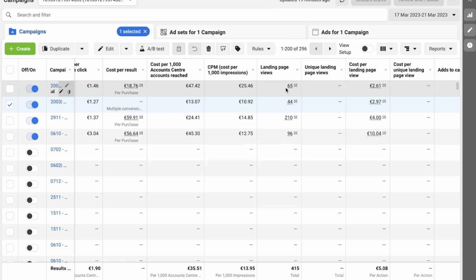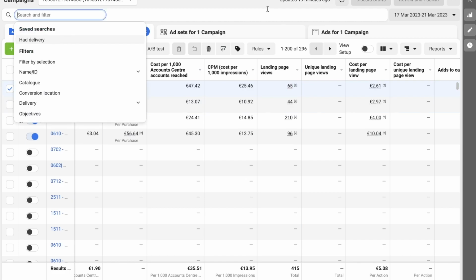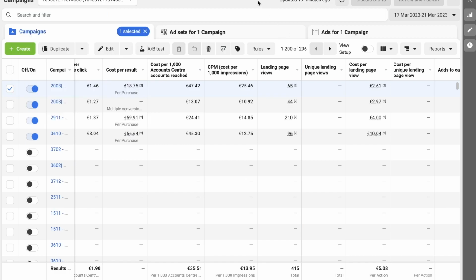The main answer today is this is an iOS 14 tracking problem. You actually have way more landing page views than what's shown here. You most of the time have up to 90%, 95%, 97% of your outbound clicks, they actually arrive on your landing page. A couple of years back, when all these metrics were extremely accurate, you could use this number a lot to figure out how good is your page speed.